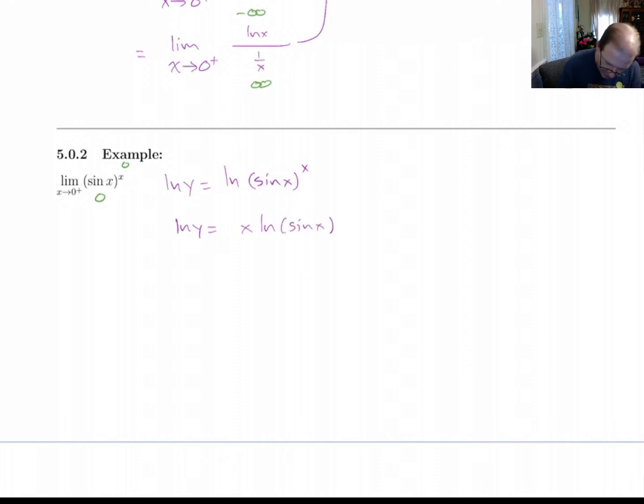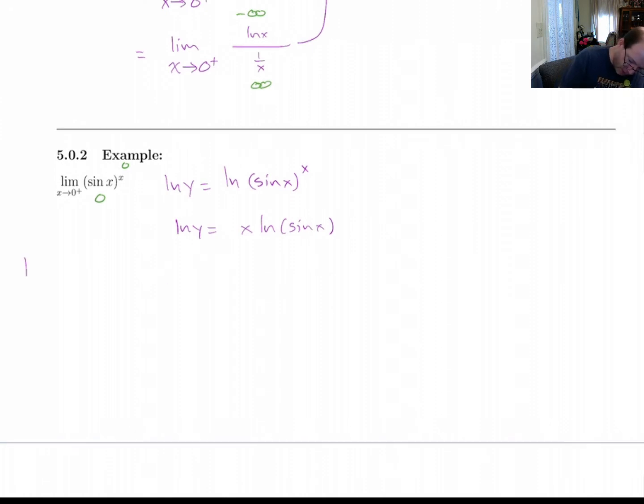And let's see, if I write this now as a limit as x goes to 0 of x times ln sine x. This is indeterminate because x goes to 0, and the sine x itself goes to 0, and ln of 0 goes to negative infinity. So we've got 0 times negative infinity, so sure enough, this is indeterminate.